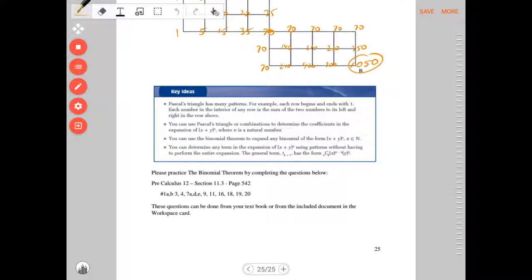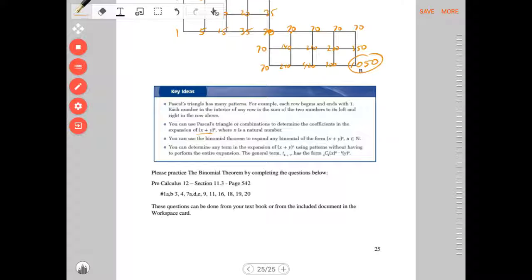Okay, key ideas here. Pascal's triangle has many patterns. For example, each row begins and ends with 1. Each number in the interior of any row is the sum of the two numbers to its left and right in the row above. You can use Pascal's triangle or combinations to determine coefficients in the expansion of x plus y to the n.